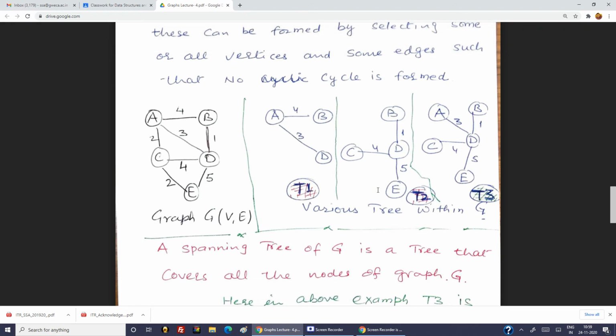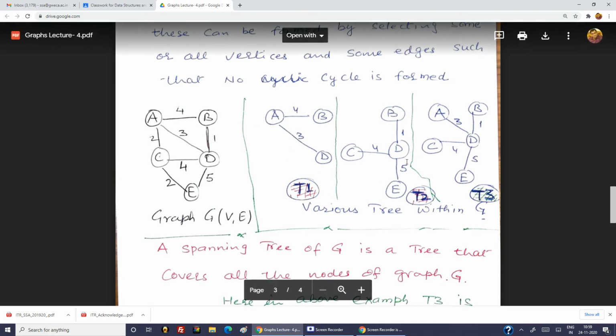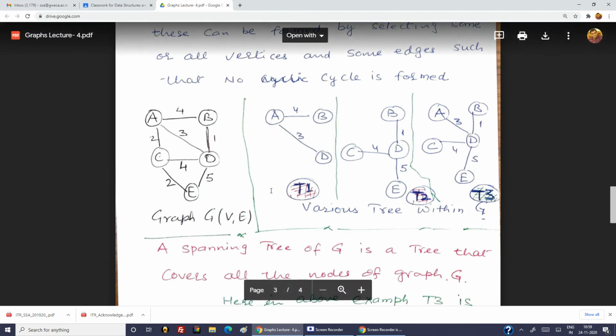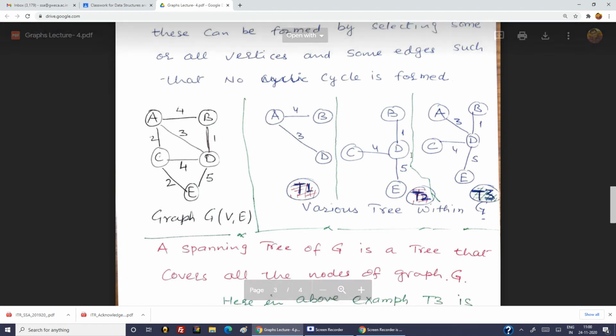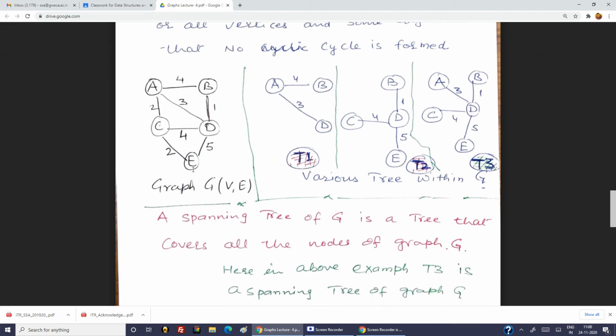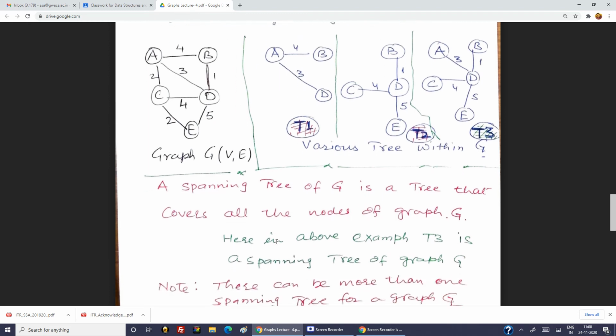Now what you see in T1 and T2, all the nodes are not covered. But in T3, all the nodes are covered. So T3 is a spanning tree of this graph, because it is covering all the nodes. So a spanning tree of a graph G is a tree that covers all the nodes of graph G.